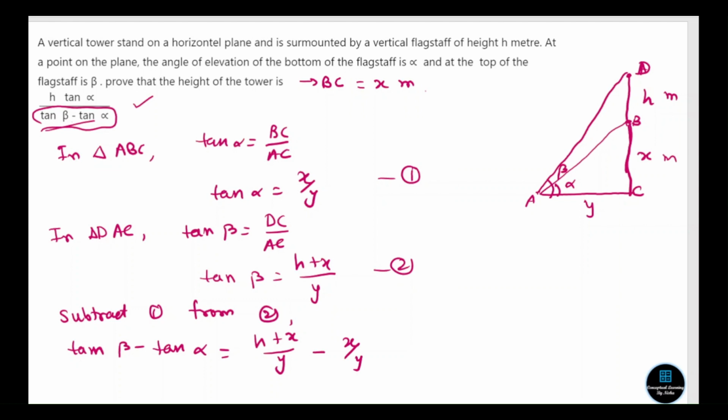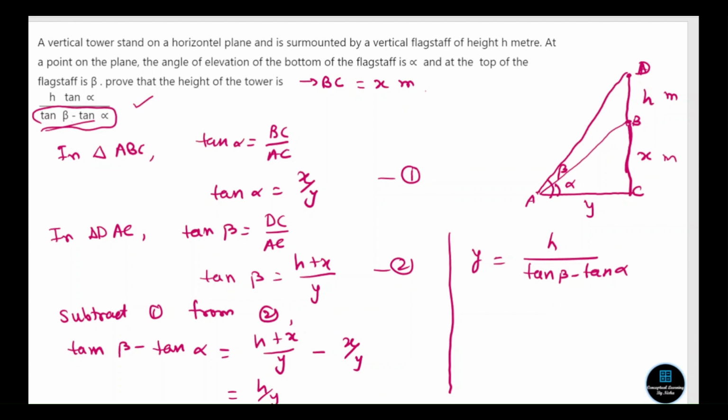Now LCM is y, so I can simplify this as when I subtract this value, I'll get h upon y. Correct? So what I'll write here is y equals to h upon tan beta minus tan alpha. Correct? I have taken the cross multiplication.